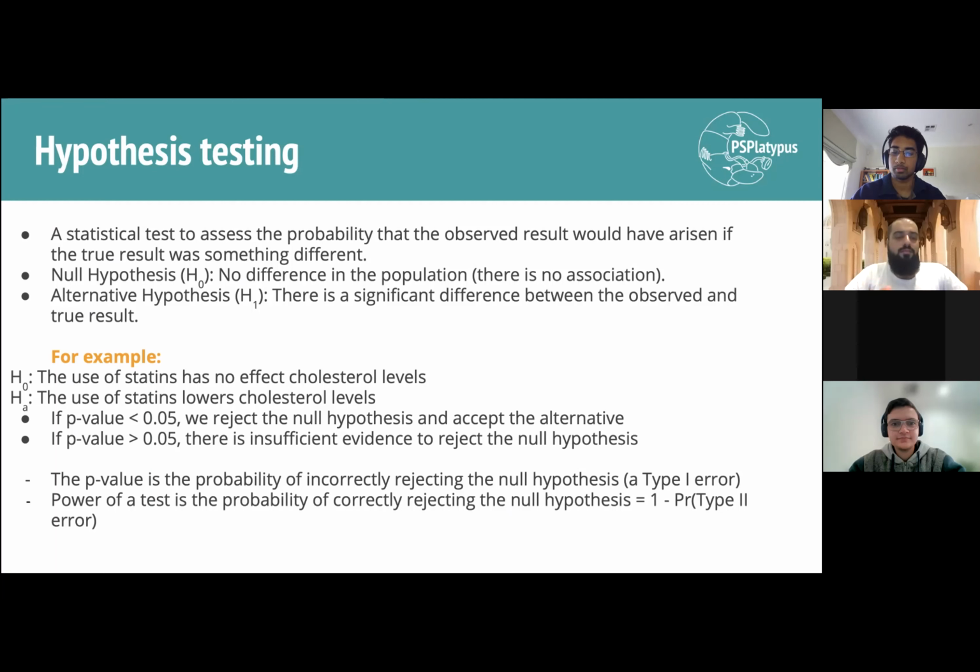If the p-value is less than 0.05, we reject the null hypothesis and accept the alternative. And if it's higher than 0.05, this indicates that there is insufficient evidence to reject the null hypothesis, and it might actually be correct. So the p-value is the probability of incorrectly rejecting the null hypothesis.